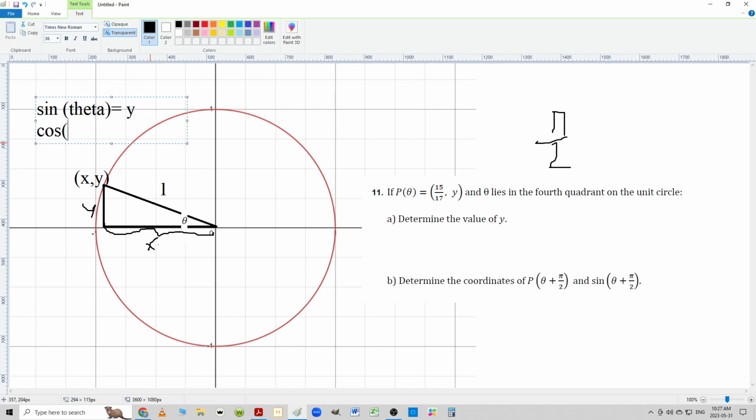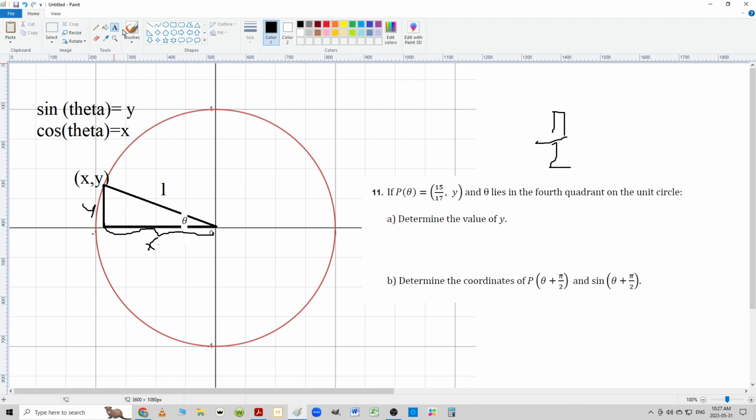And the cosine of theta is equal to the adjacent over hypotenuse. Hypotenuse is 1 in this case, and adjacent happens to be the x value. So the cos of theta in any unit circle is equal to the x value, which is why if we find the x and the y values, we are essentially finding the value of cos theta here and sin theta here, and it's why the opposite is the same as y.